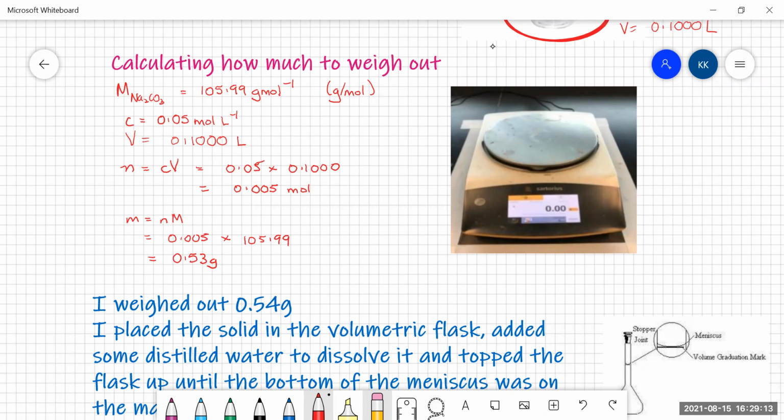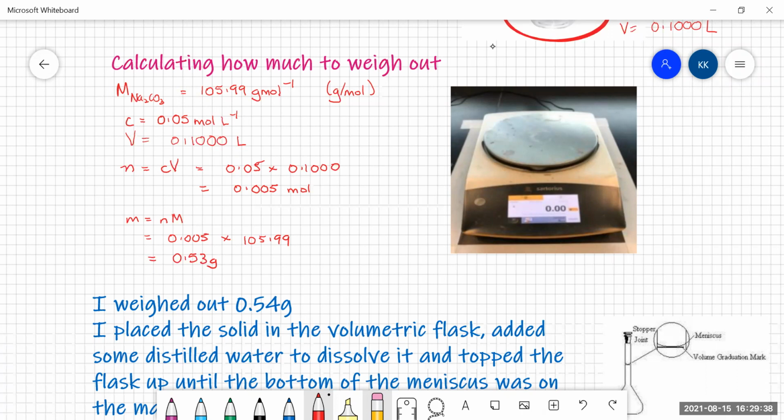It's just important to know exactly how much I have weighed out. So you don't have to actually just sprinkle tiny bits of sodium carbonate until you've got the perfect 0.53 grams. You're just going to waste a lot of time. If you're in class, there's probably a lineup for using the balance. You're just going to annoy people who are behind you in that line by taking too much time.